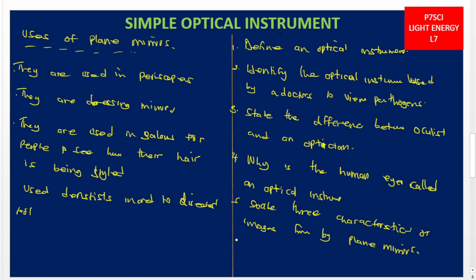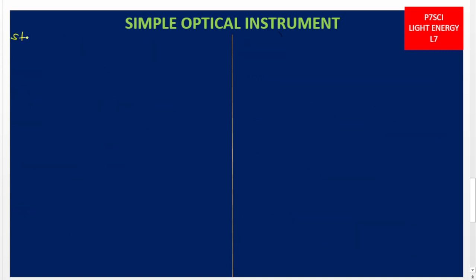Number 7 says state one similarity between an image and an echo.